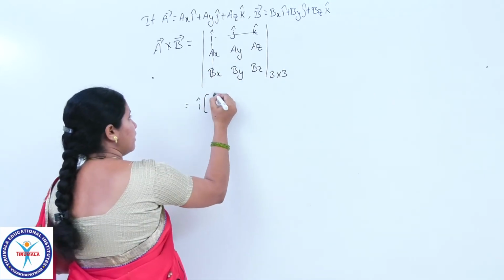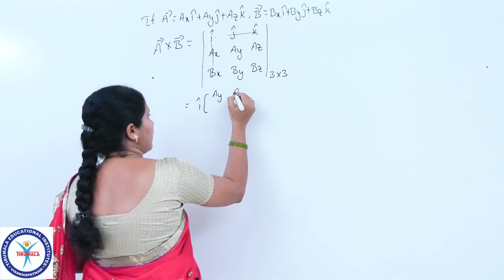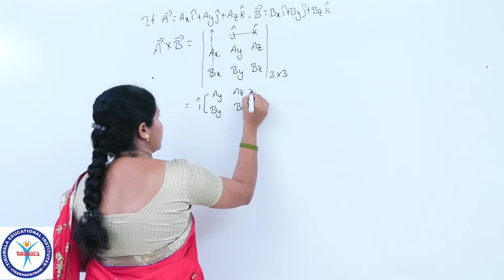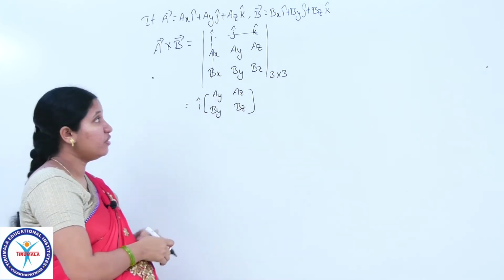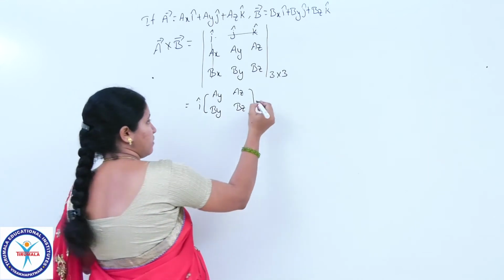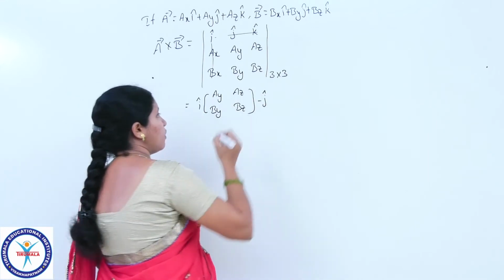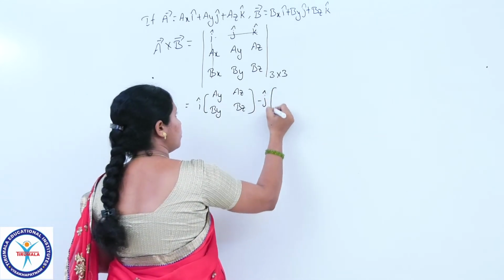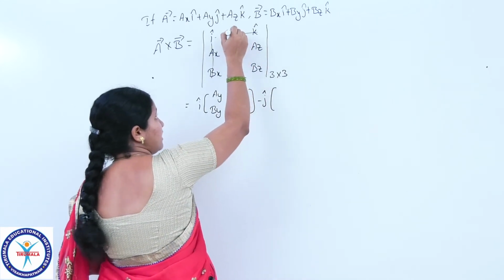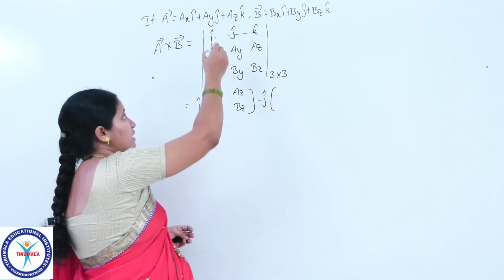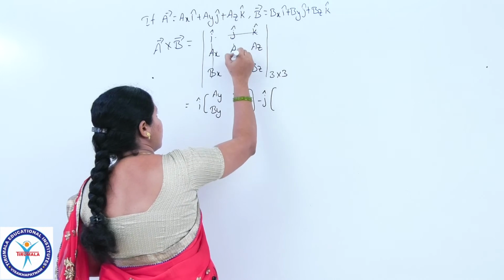We have to write them in matrix form, ay az, by bz. The second unit vector we have is j cap. For the second one we have to take minus, alternately we have to take plus and minus. So minus j into, as j is in the first row second column, those elements are eliminated.